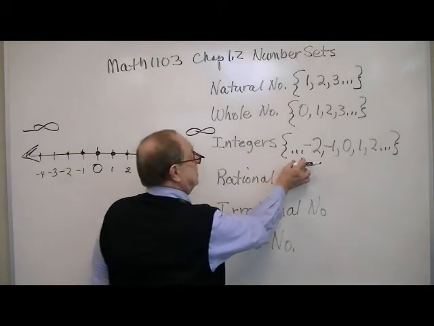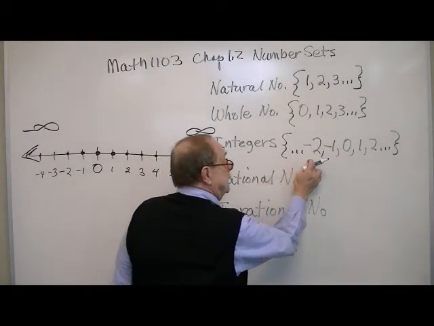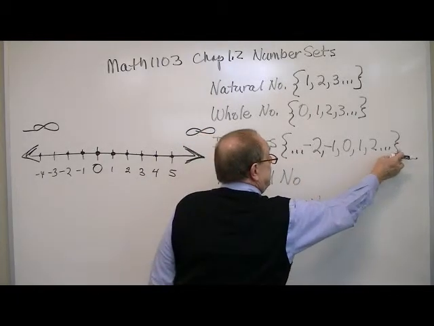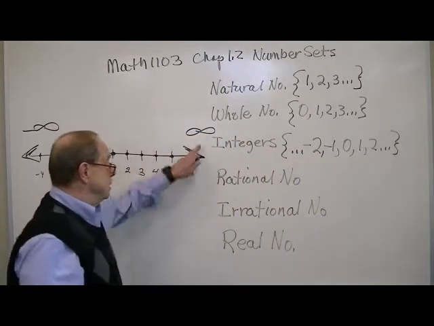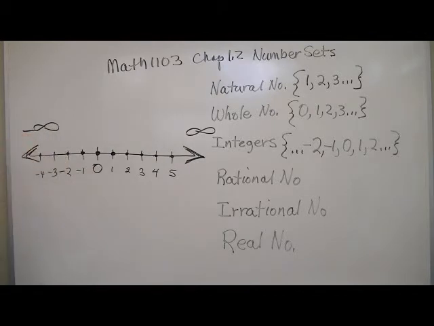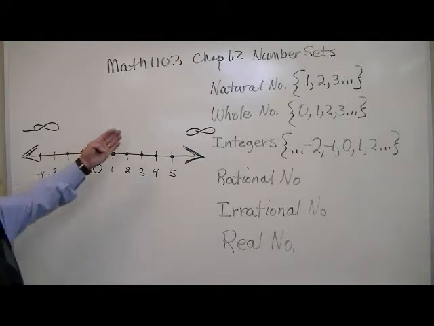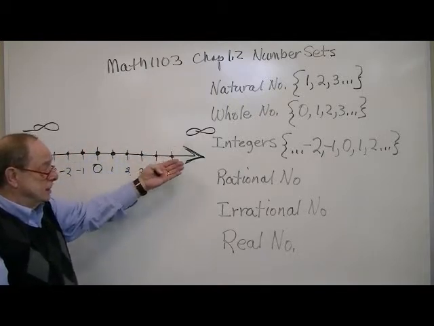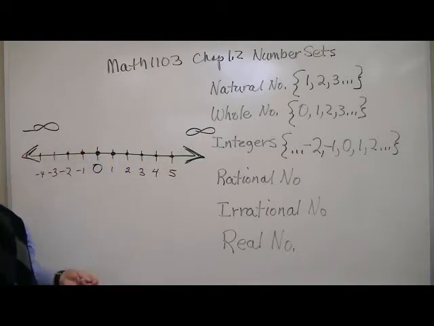So this is coming from negative infinity. Here's our pattern, and then continuing on to positive infinity. So far we have 3 sets of numbers, and I would advise you to write them down, practice them, and there will be some examples to work with.